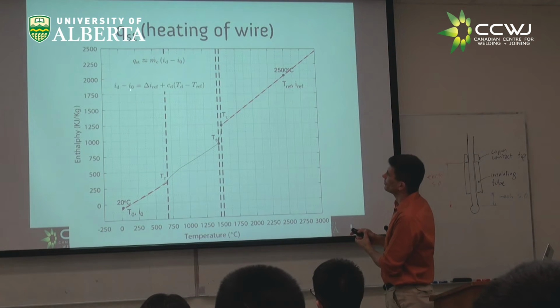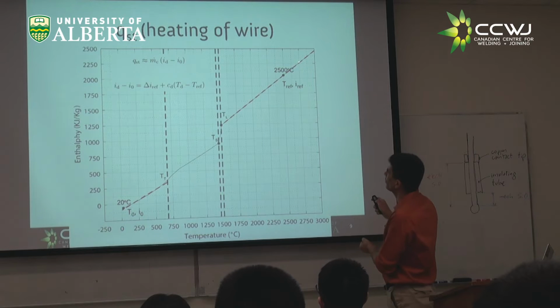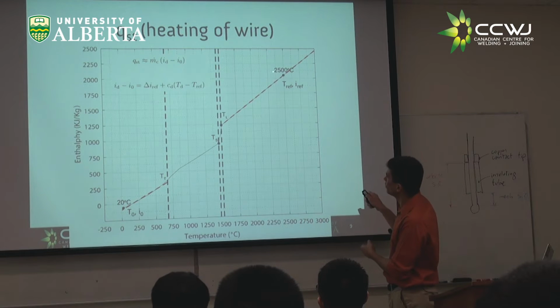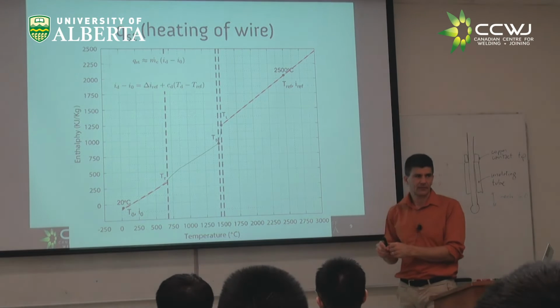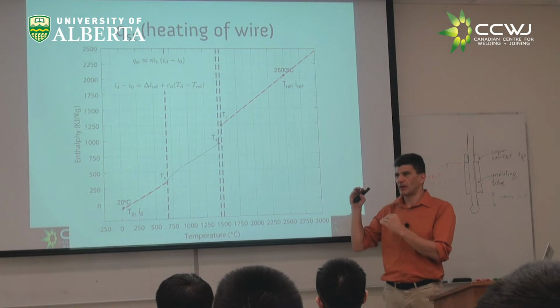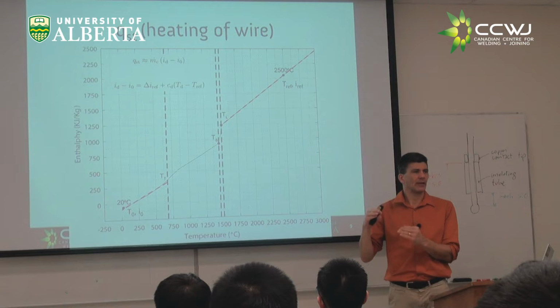We want to have the enthalpy of the droplet minus the enthalpy at the beginning. Let's go from 20 to 2500, and that's what I call my enthalpy of reference. I get it from Thermo-Calc, and that is fairly accurate, right?